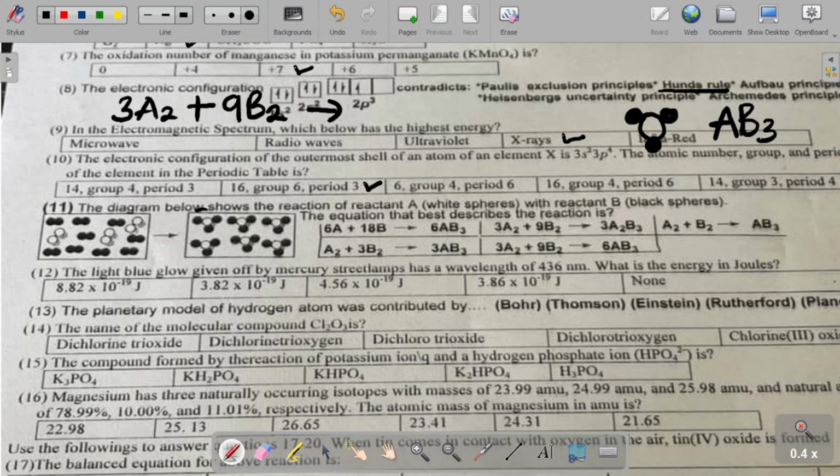With this, I have about 1, 2, 3, 4, 5, 6. So it's 6 of this. It becomes 6AB3. If you look at that, 3A2 plus 9B2 gives you 6 atoms of AB3. That's this one here. So this is my answer. That's how I get the answer.